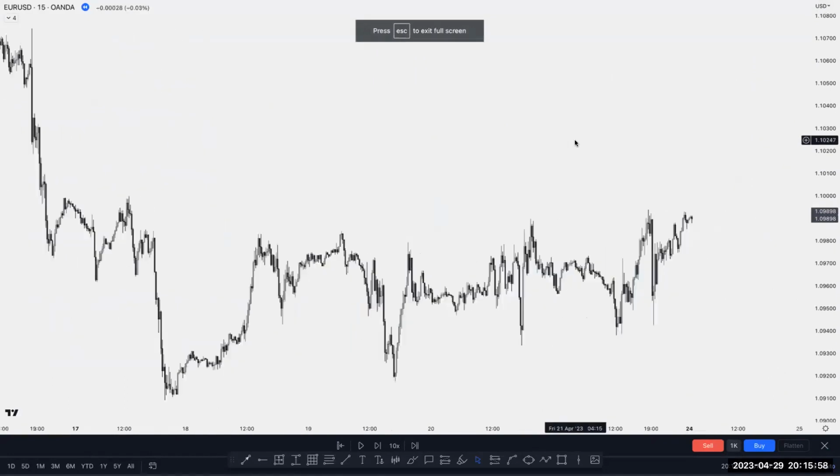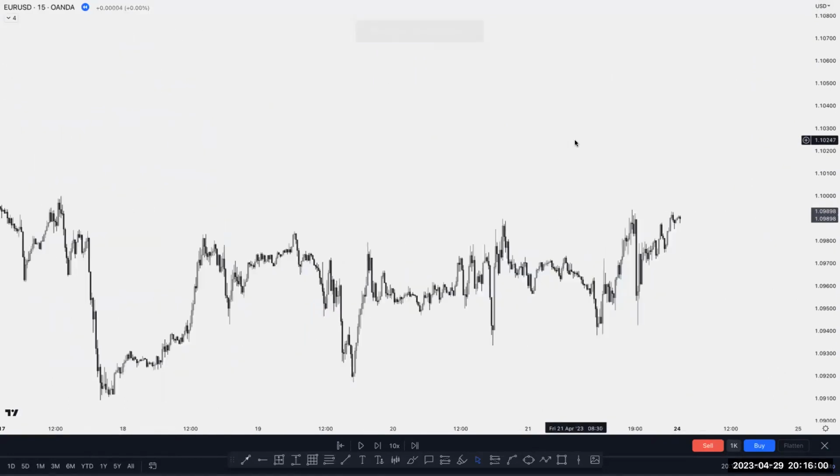All right. So this is our Euro USD chart in a higher time frame, the 15-minute time frame, and right now you can see the market momentum is in a ranging market. I already shared the trading plan. If the market is in a ranging market, then we should trade based on the previous high and low.